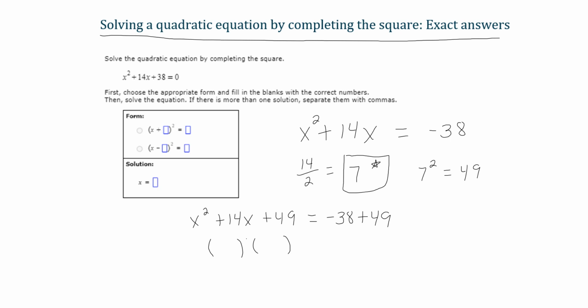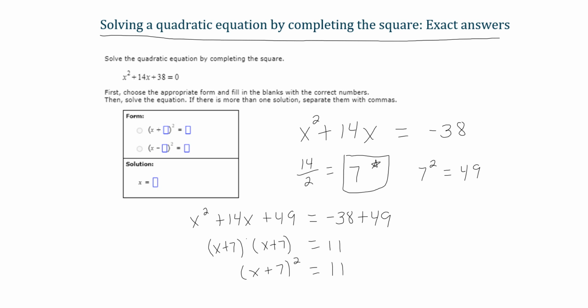So we get x plus 7, x plus 7 equals 49 minus 38, which is 11. But we write this a special way. We're going to write this as x plus 7 squared equals 11. So that 7 goes there. If this is a positive 7, it's a plus here.